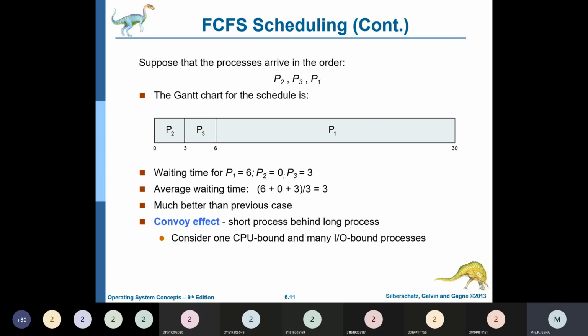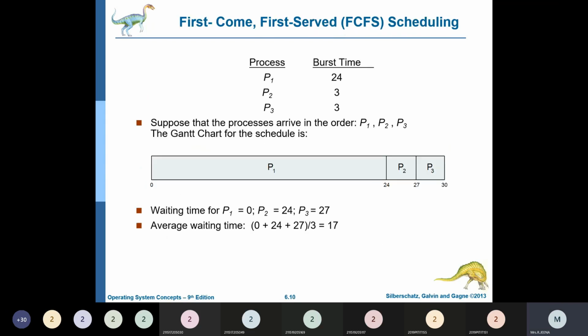What is the best case of FCFS, on the other hand? When the burst time is in ascending order: first comes the minimum, the next comes the maximum, like that. If it is in that order, FCFS works well. But in most cases, FCFS won't be efficient enough.